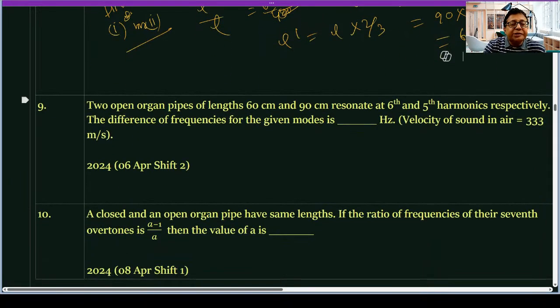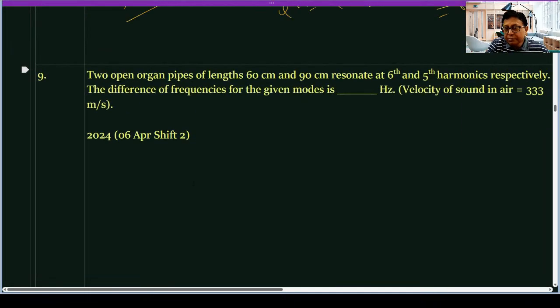Go to the next question. Two open organ pipes of length 60 and 90 centimeters resonate at the 6th and 5th harmonics respectively. Find the difference of frequencies for the given mode. Very simple question, not difficult at all.